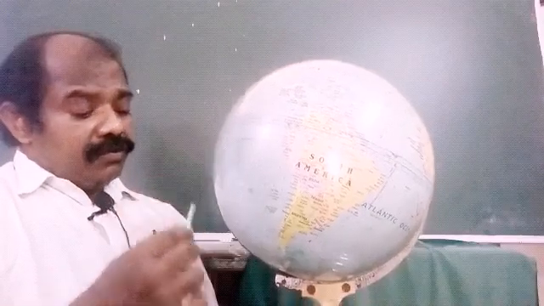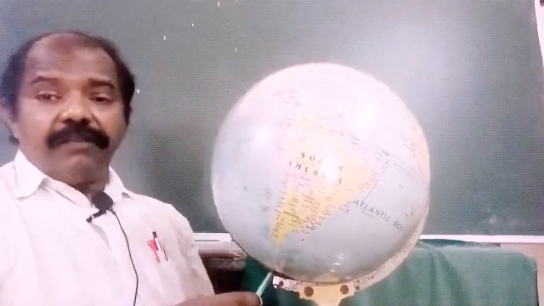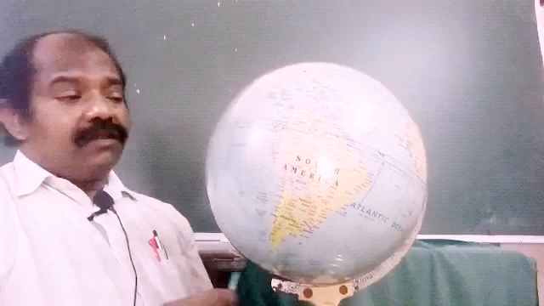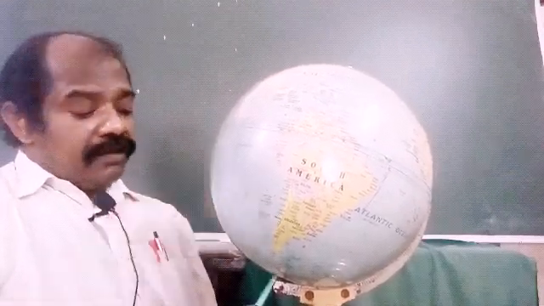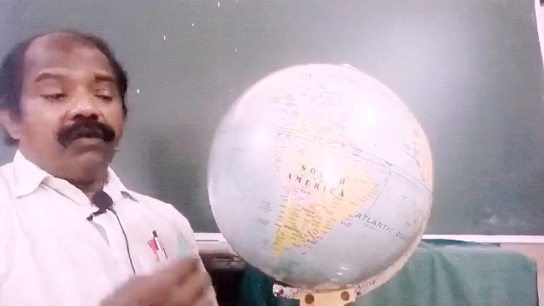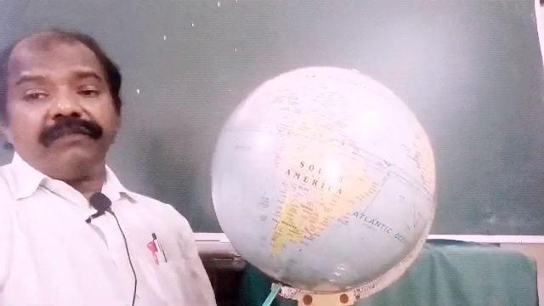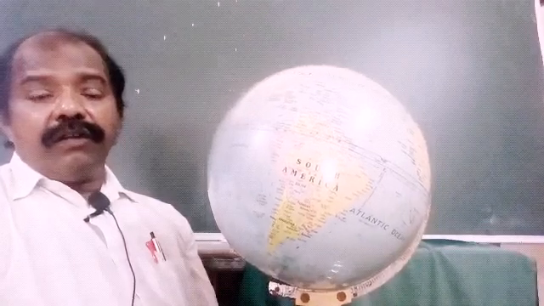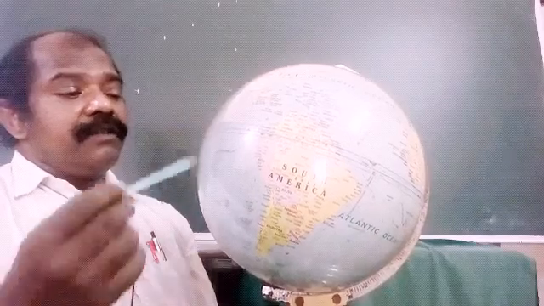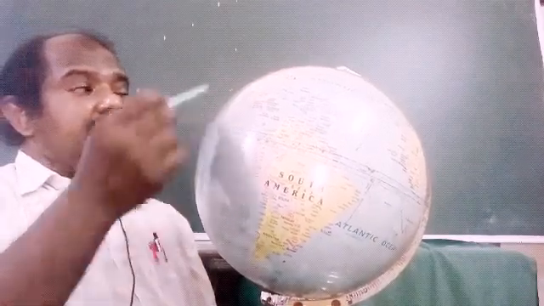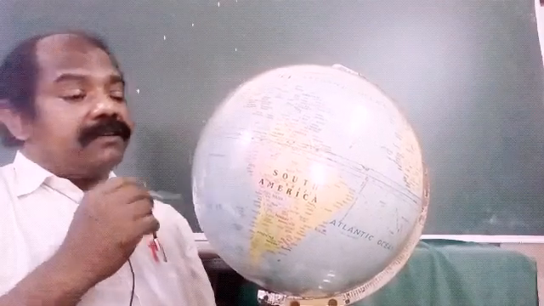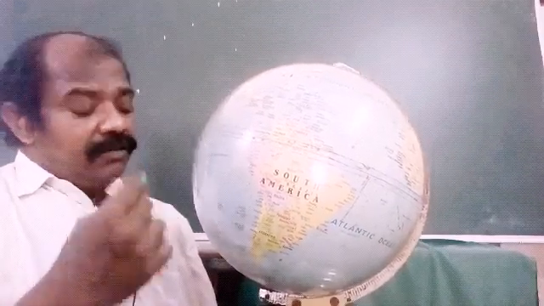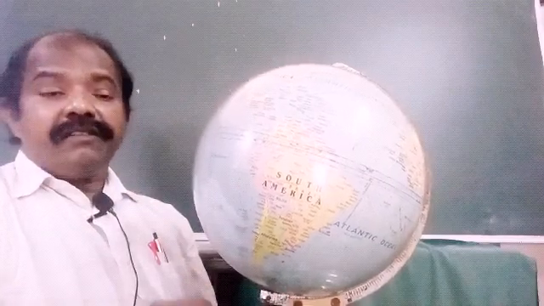From 0 degree to 90 degree south, the South Pole, is called the southern hemisphere. So from the equator, 0 degree, to the North Pole is the northern hemisphere, and from the equator to the South Pole is the southern hemisphere.